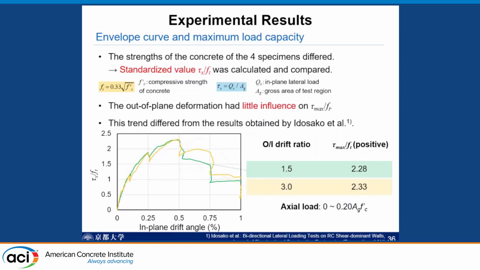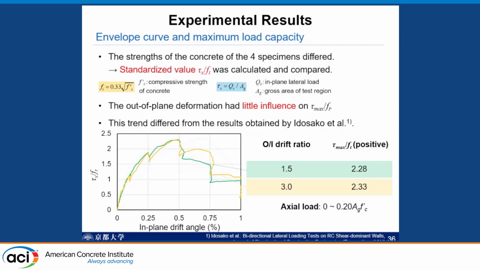And then this figure shows the comparison in terms of out of plane to in plane drift ratio. So then we had 2 types of out of plane to in plane drift ratio, 1.5 and 3.0. Well, I am almost approaching the conclusion.